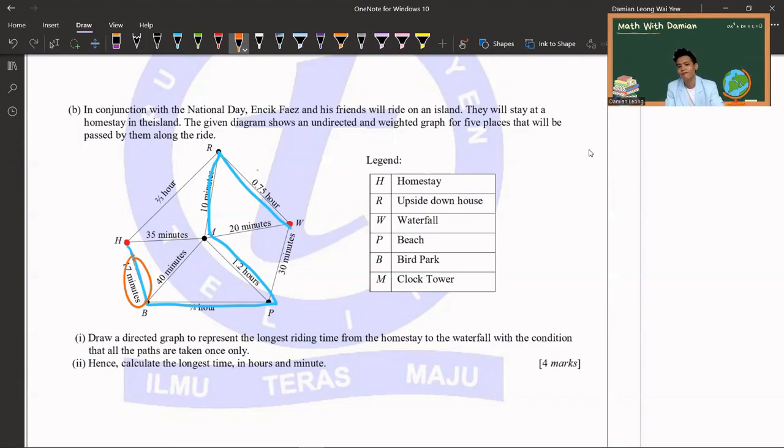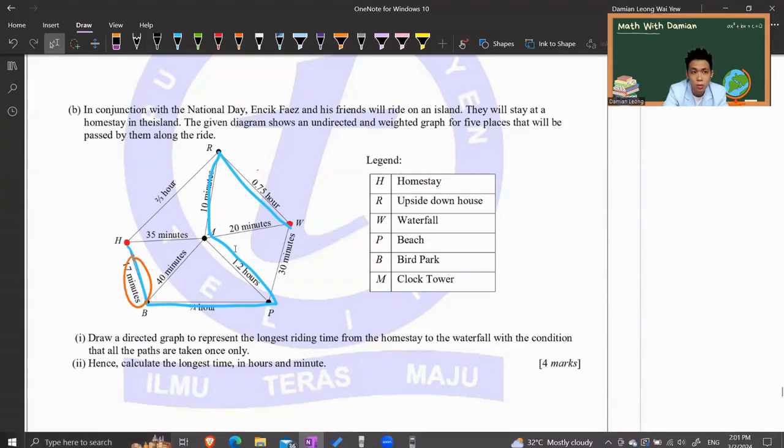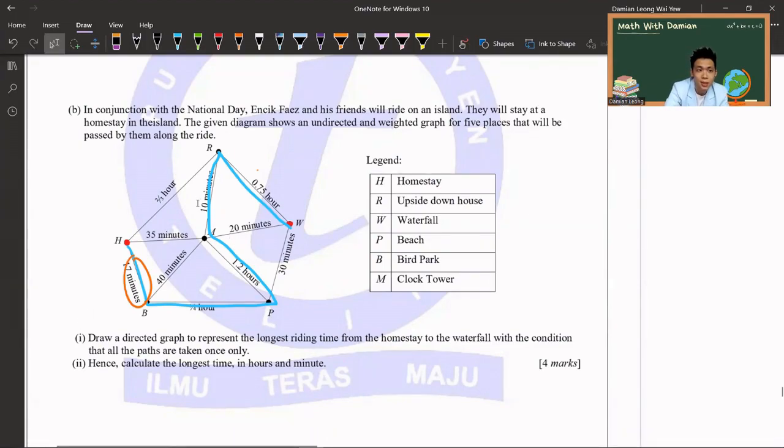I also assume all points are only passed once, because "all paths are taken once" is a bit ambiguous in a sense.